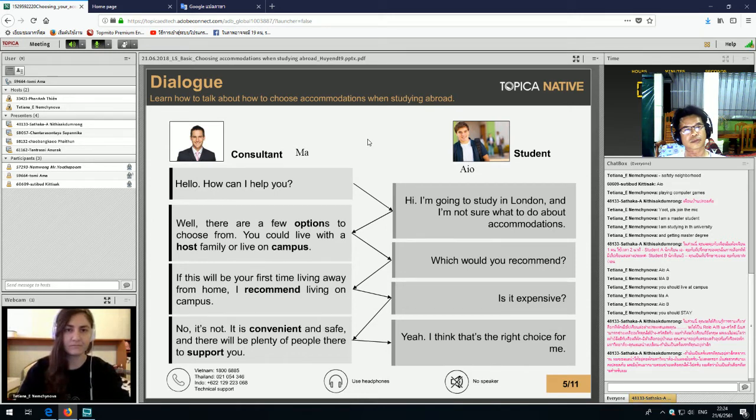If this will be your first time living away from home, I recommend living on campus. Is it expensive? No, it's not. It is convenient and safe, and there will be plenty of people there to support you. Yeah, I think that's the right choice for me.